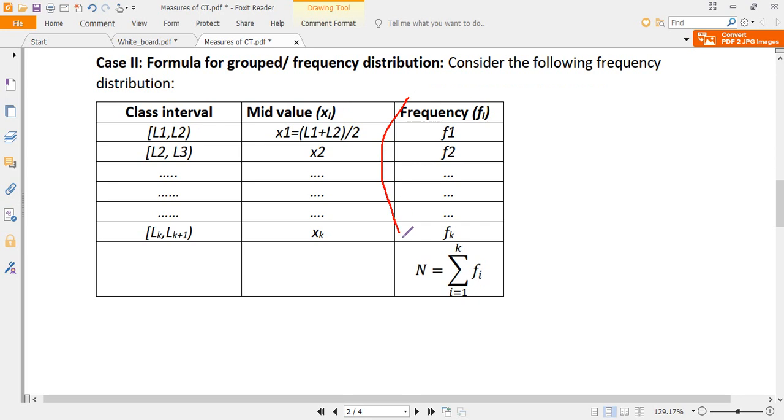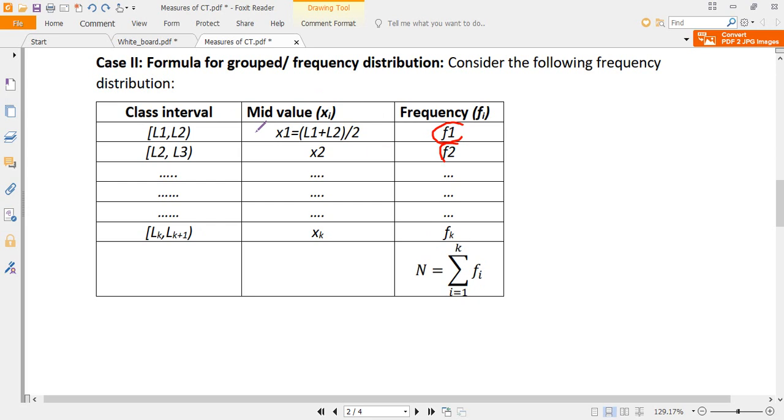In the first class we have frequency f1, in the second class f2, and in the kth class the frequency is fk. The mid value is sometimes not given, so we have to calculate the mid value, denoted by xi, where i is for the ith class.